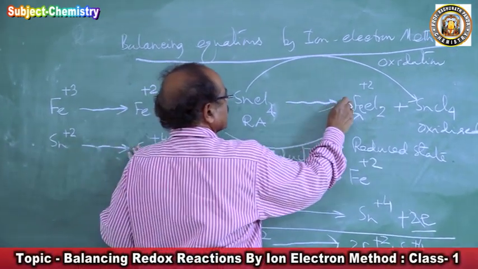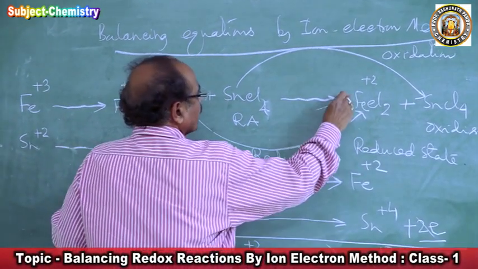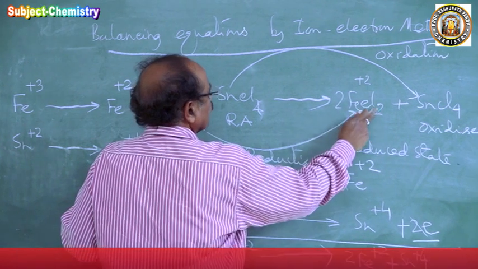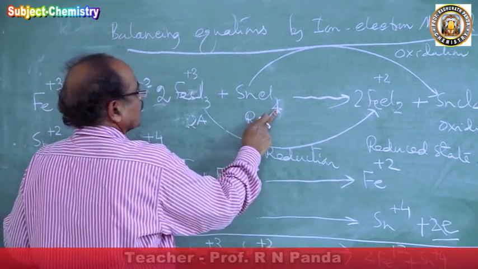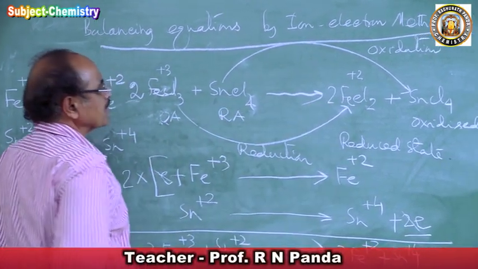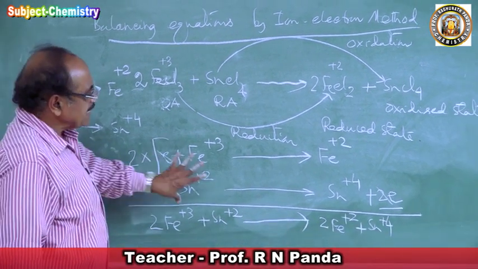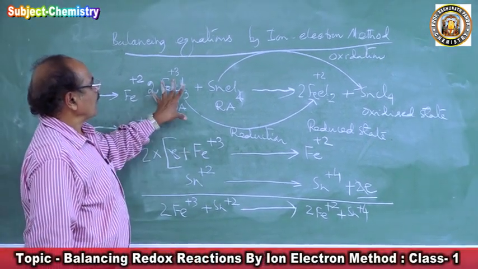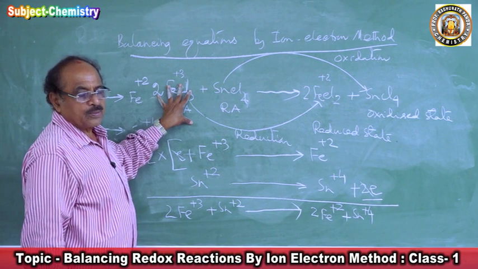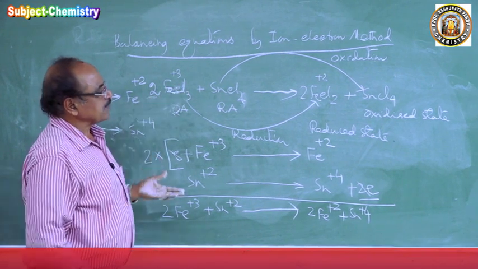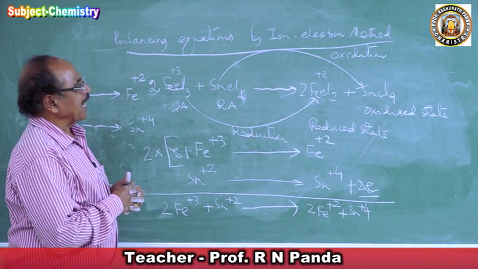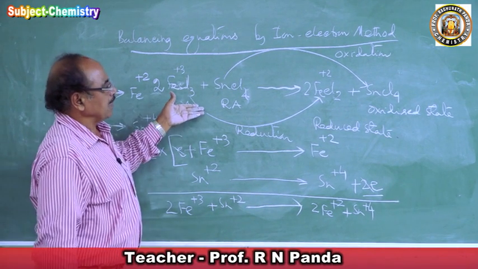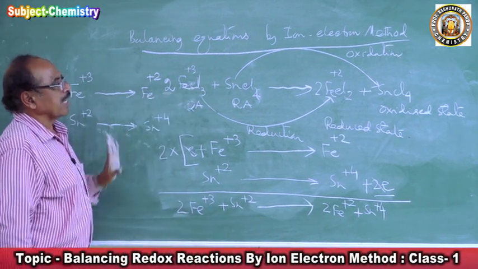So 2 FeCl2, 4, 6 plus 4, 6 plus 2, 8, and that is balanced now. Now you see, very easily from this we could know what to do. So this is how to balance and how to represent a redox reaction in ionic form.